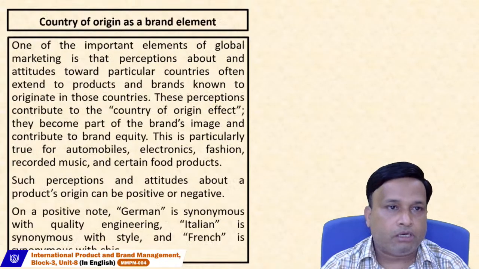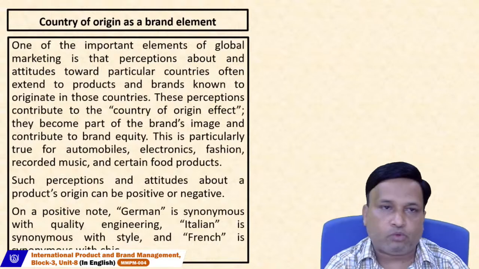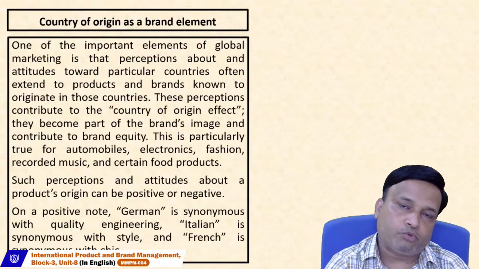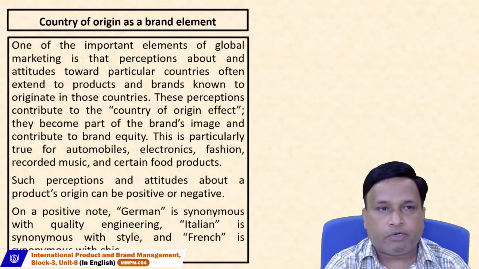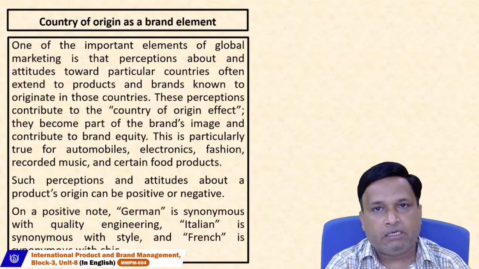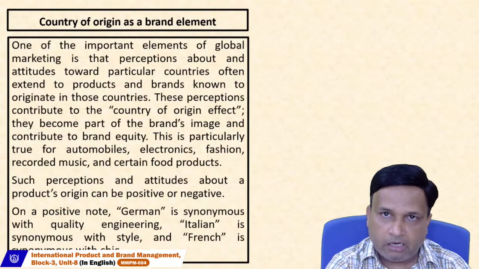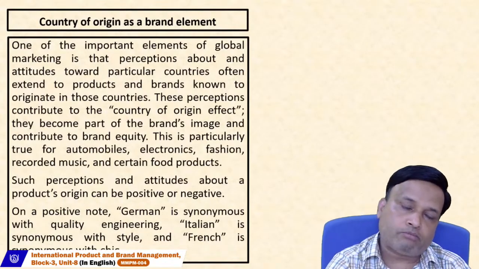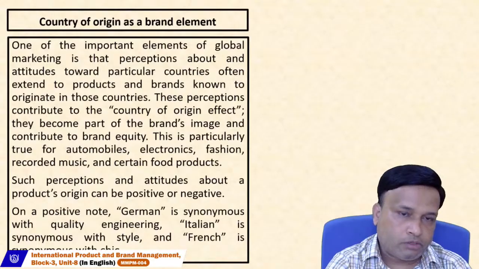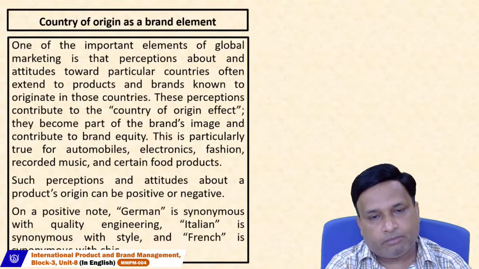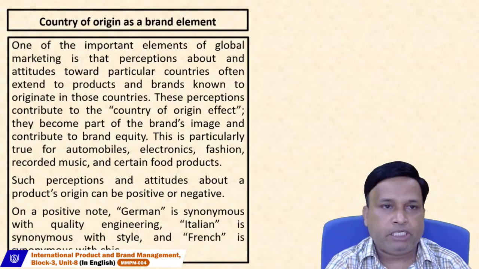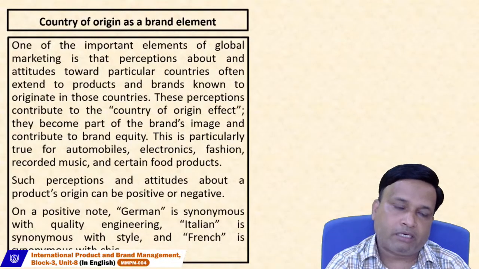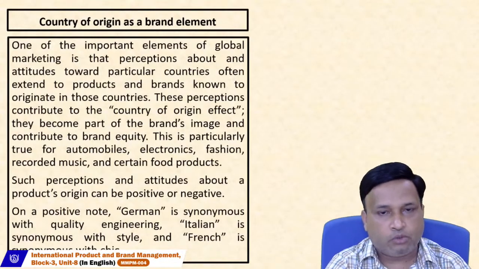Then another aspect is known as COO, country of origin. Country of origin is exactly where the product is from. We have a favorable attitude for the COO. When it is from Japan, we have a positive opinion, because Japan is known as technologically advanced.